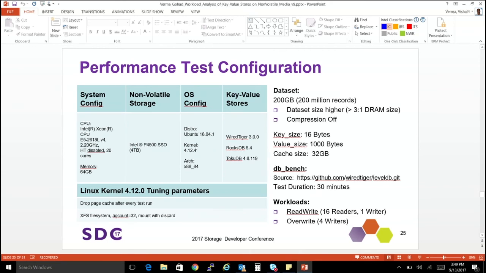It's a 4 terabyte disk, 200 gigabyte dataset, 4 terabyte SSD. That's 20x over-provisioning. Over-provisioning means your SSD is not very busy. That's true. It means you paid for 20 times the capacity, and so it works reasonably fast.